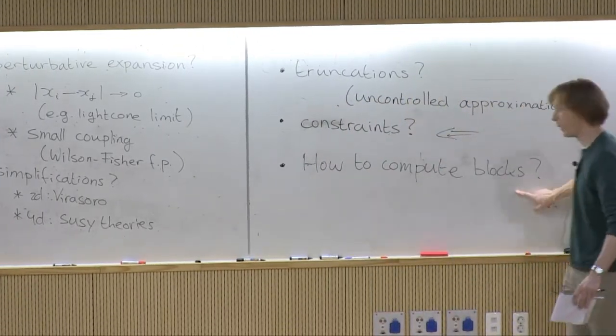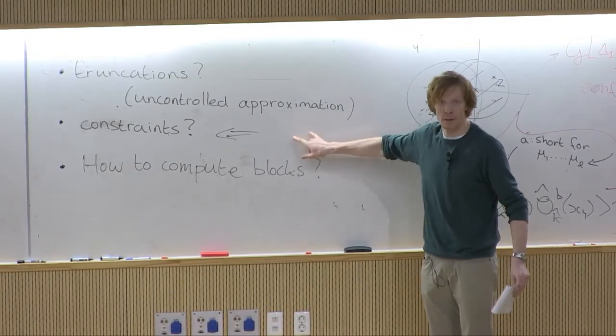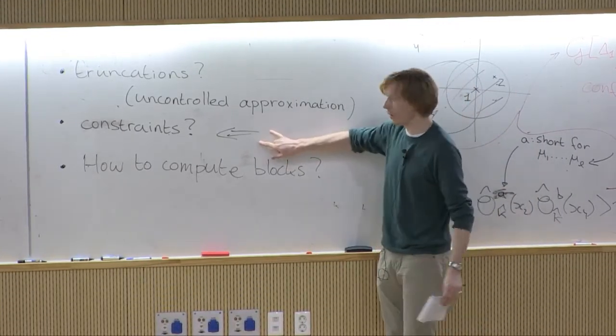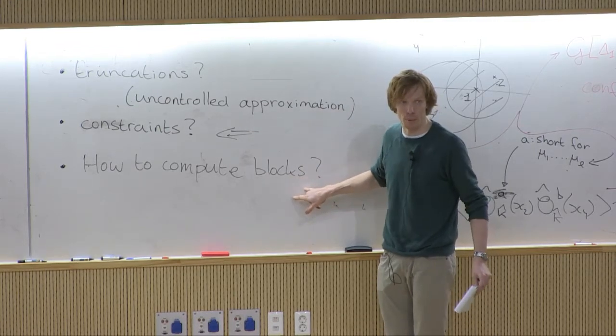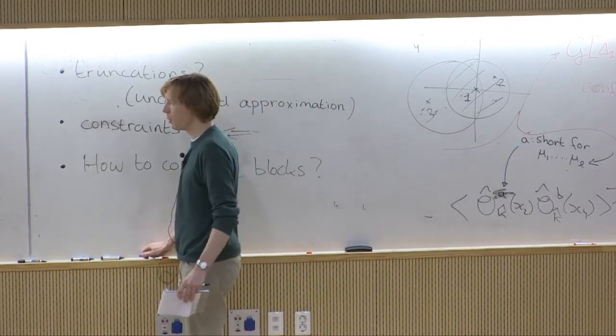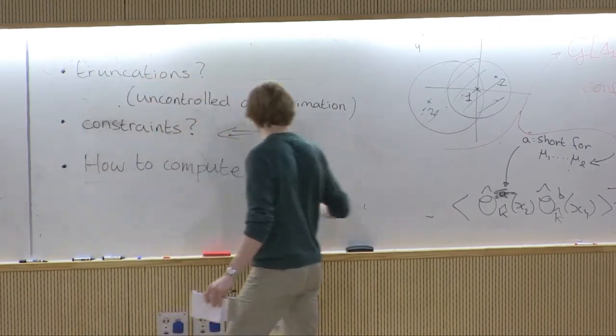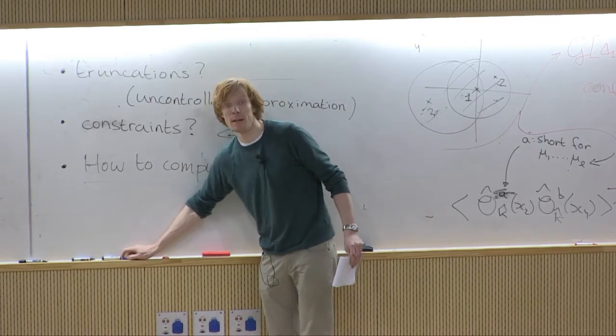So this is a technical question, not a conceptual one. But it's a very important one nowadays because we want to derive these constraints, and to derive these constraints, in particular with numerical approaches, we need to accurately compute conformal blocks. So this could be a lecture series in itself, and I will have very little to say about it, especially because I'm running behind schedule.